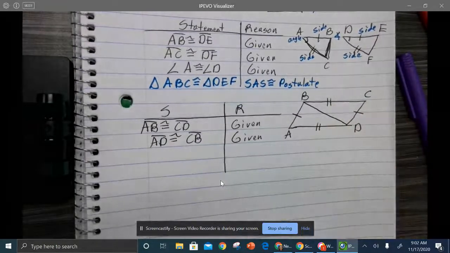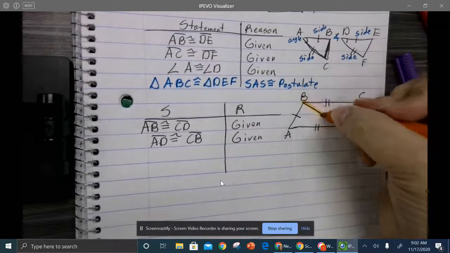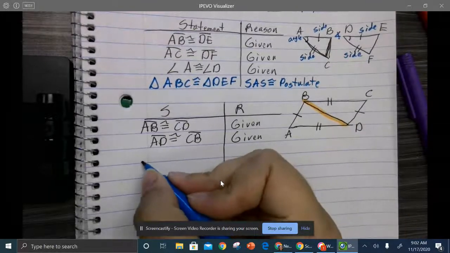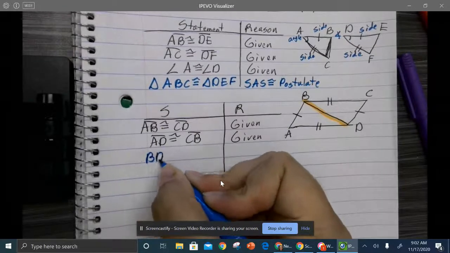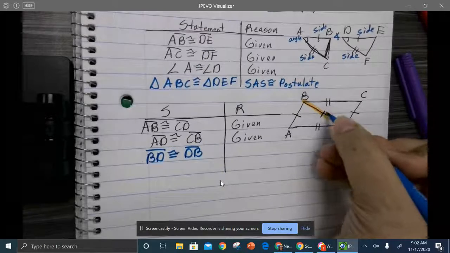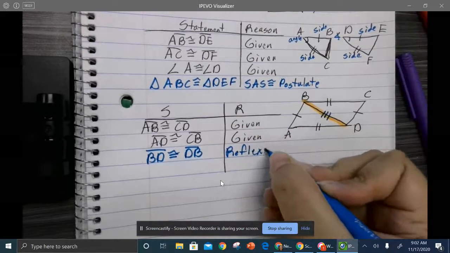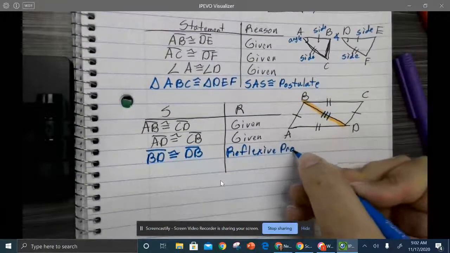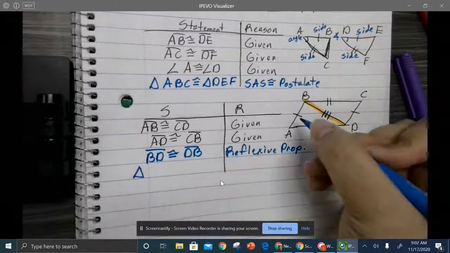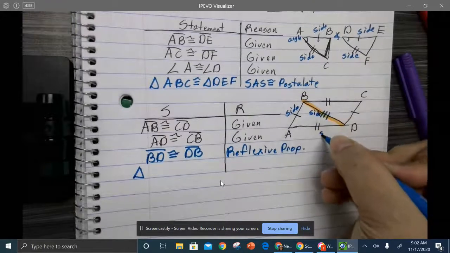Okay, and then of course we're going to use our reflexive property. So remember the shared side. So we're going to use that shared side: BD is congruent to DB. Okay, so reflexive property. Okay, so they're going to be congruent by side, side, side.